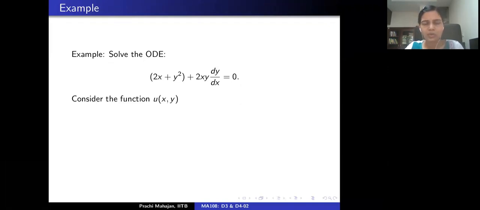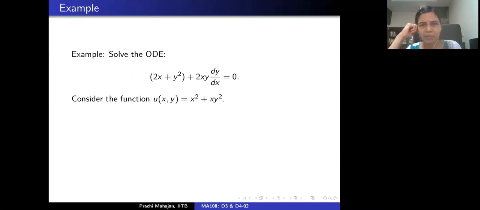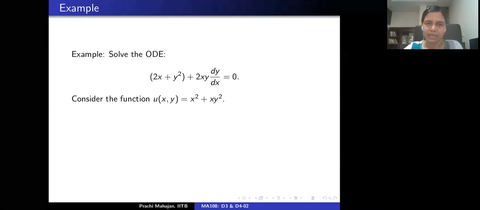All right. I am going to use the method of inspection here and say, let's consider the function u defined as x squared plus xy squared. Now, what is the property of this function?